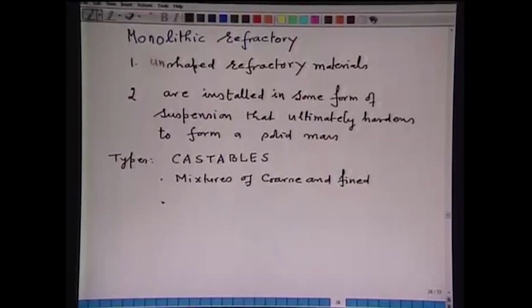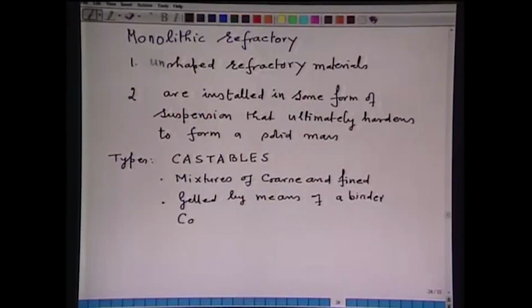Second, this is gelled by means of a binder. That means a binder has to be added so that they can form a mass which can flow and which can be cast.